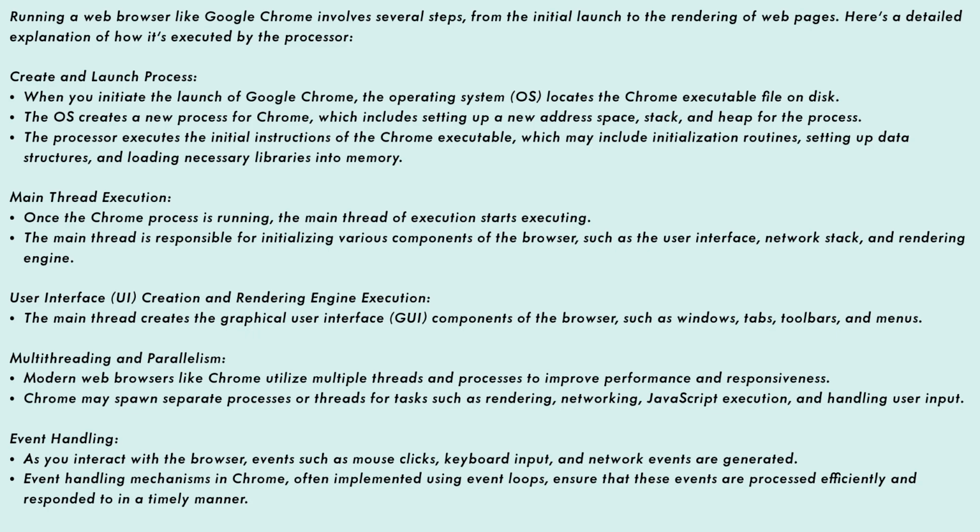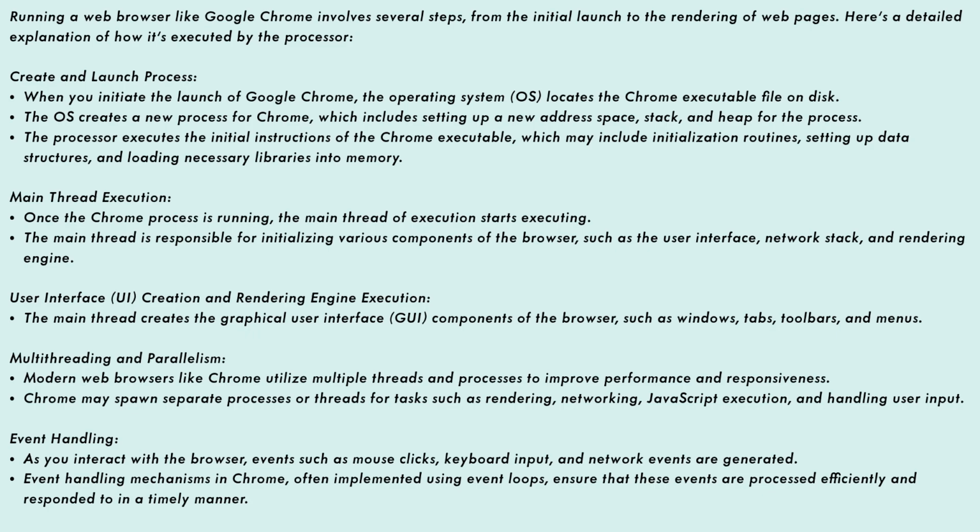Then the operating system will set up a new address space. It will set up the stack and heap for this particular process. It will then copy the code and the static data into memory.